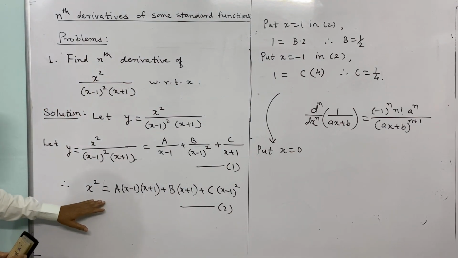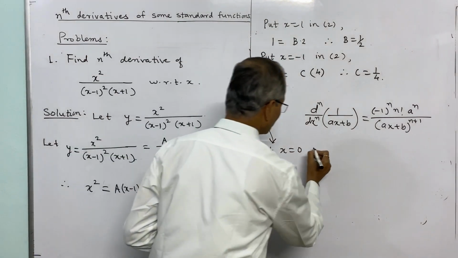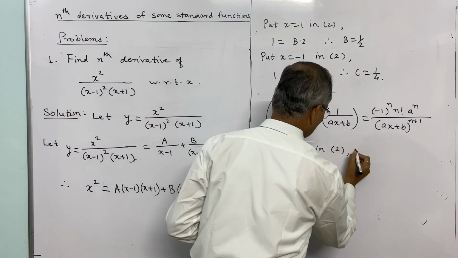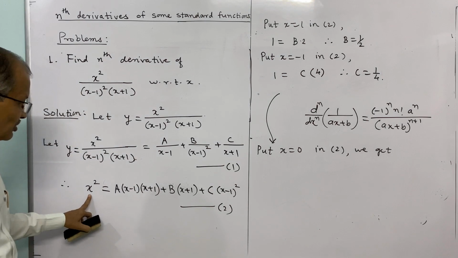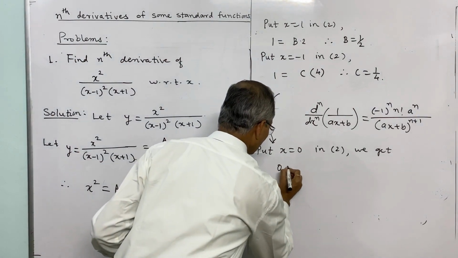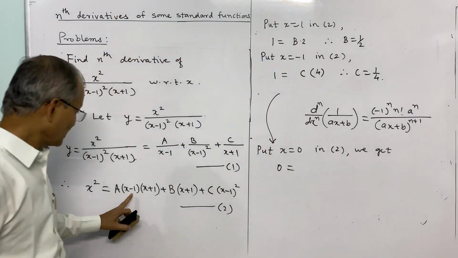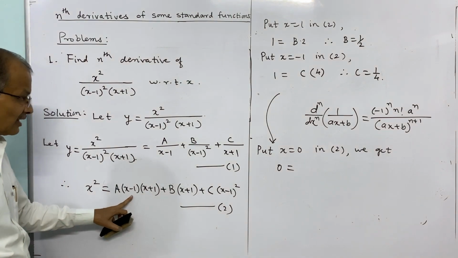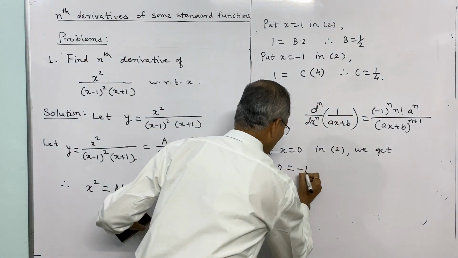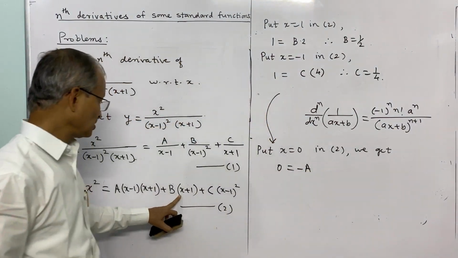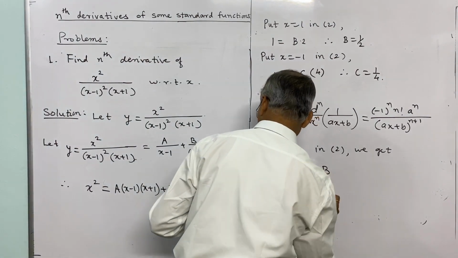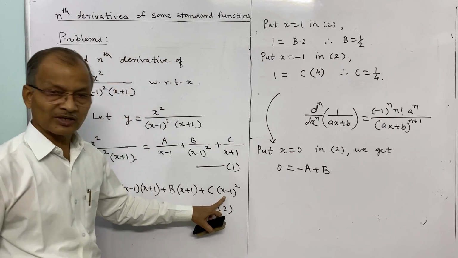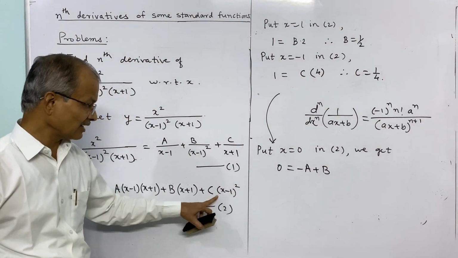Put x is equal to 0. We get the left side as 0, and what is the right side? Right side is a, this is minus 1 into plus 1, that is negative a, and x is 0, so b plus b, and here also x is 0, which means minus 1 whole square is again 1, plus c.